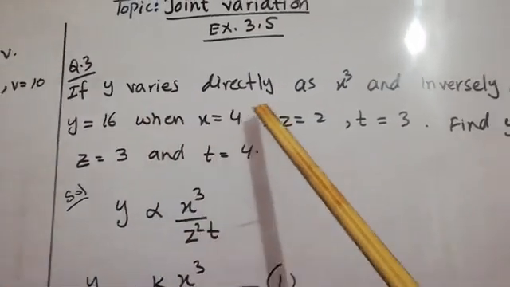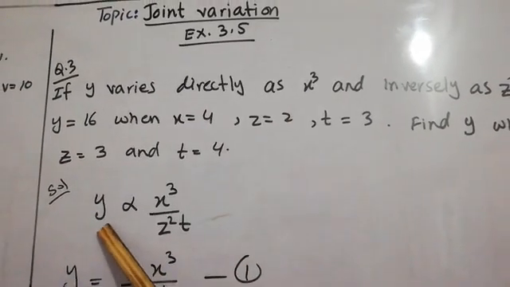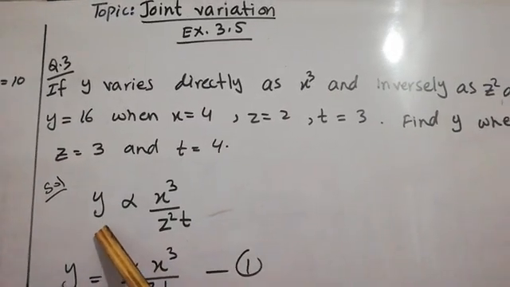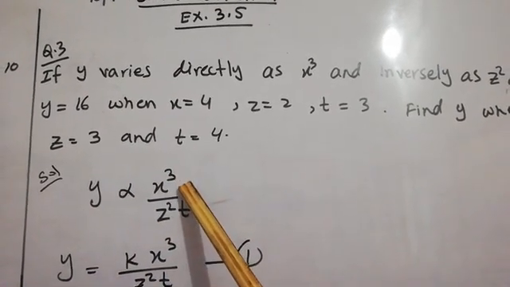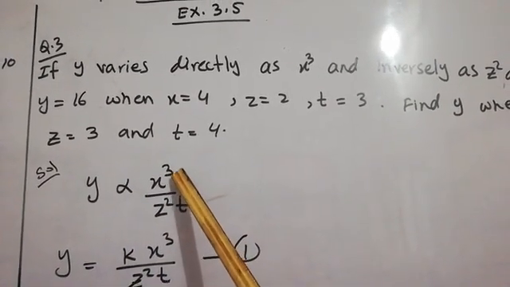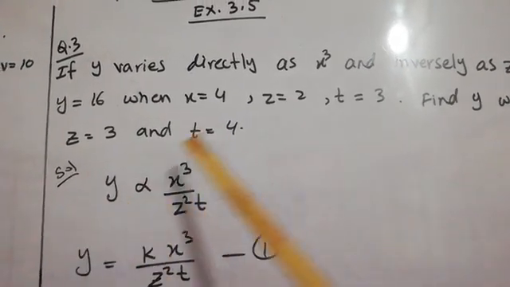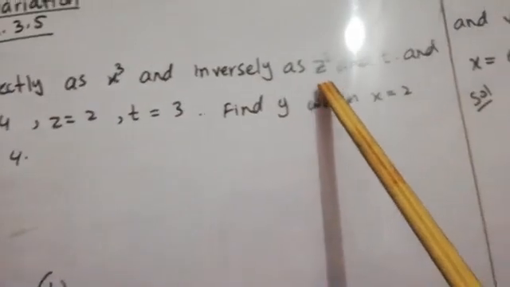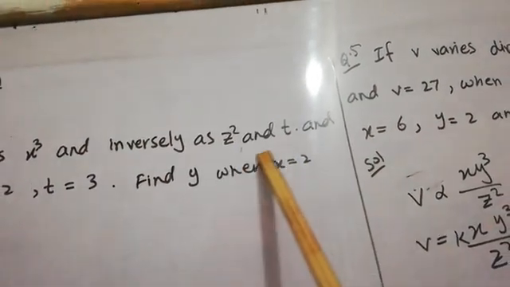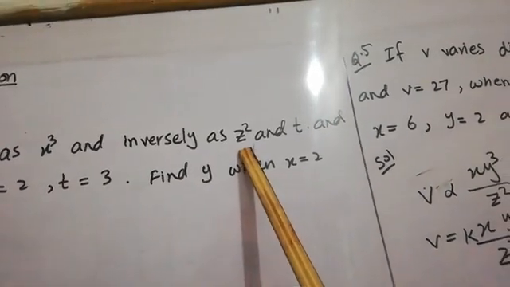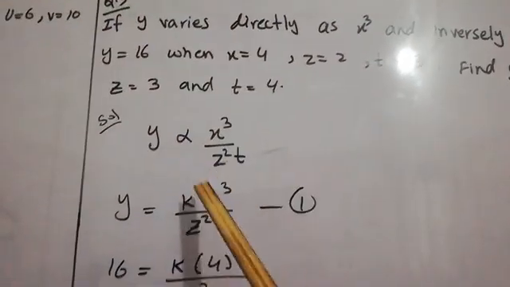If Y varies directly as X cube, means the relation between Y and X cube is that Y varies directly as X cube. Means if we increase the value of X, then the value of Y also increases. And inversely as Z square and T. Then first we will multiply Z square and T. Then we will take the inverse variation.